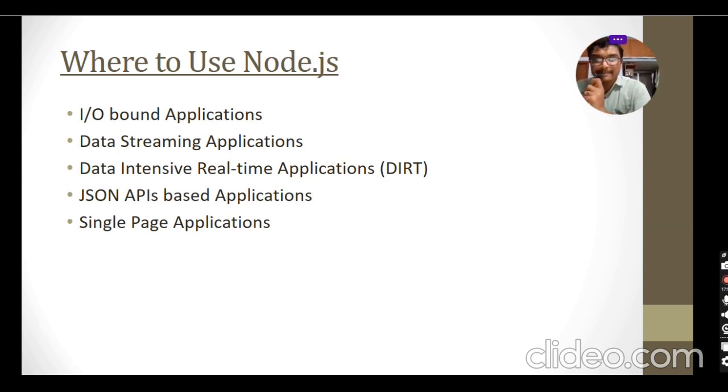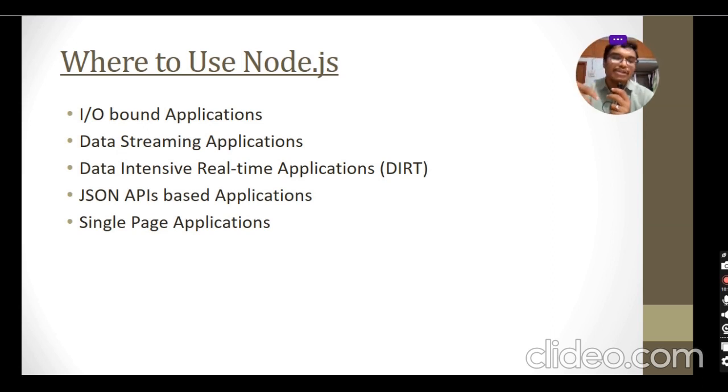JSON APIs, JavaScript Object Notation, we are going to discuss afterwards. The basic thing is JSON is a type of data encoded in double quoted key value pairs.